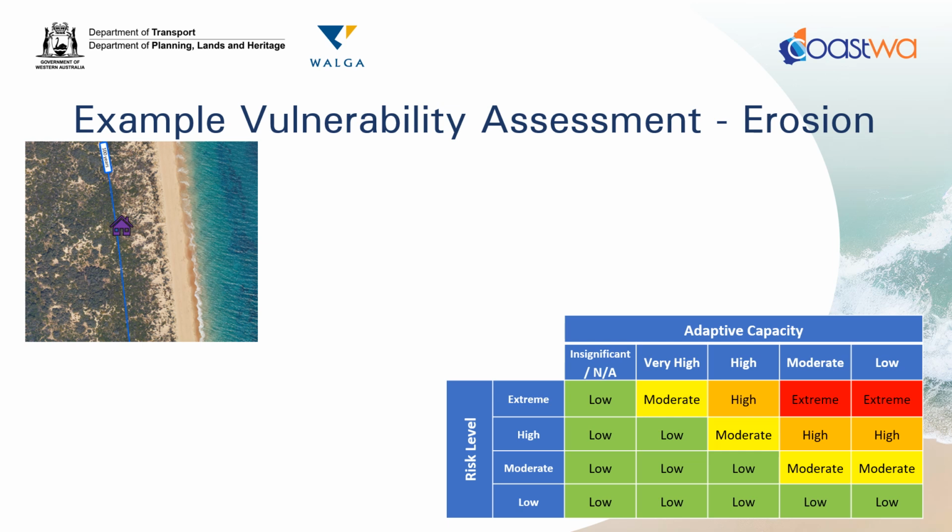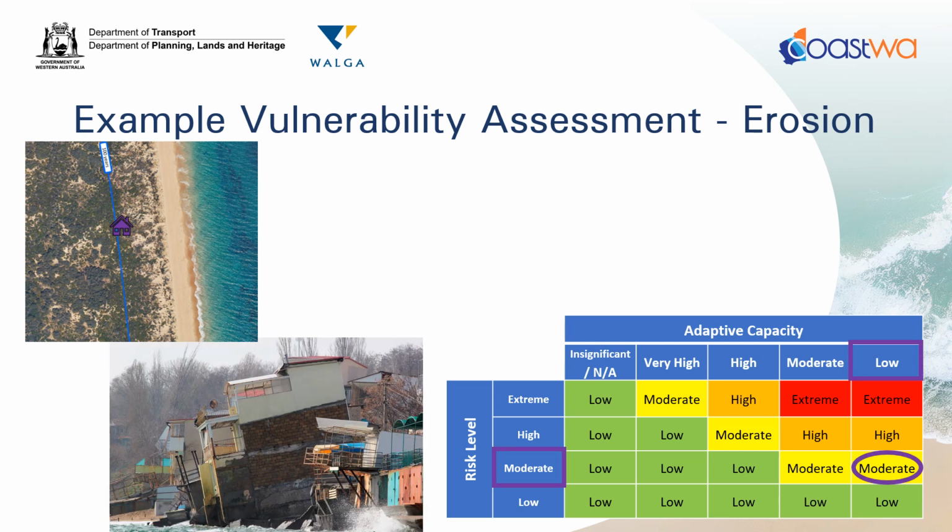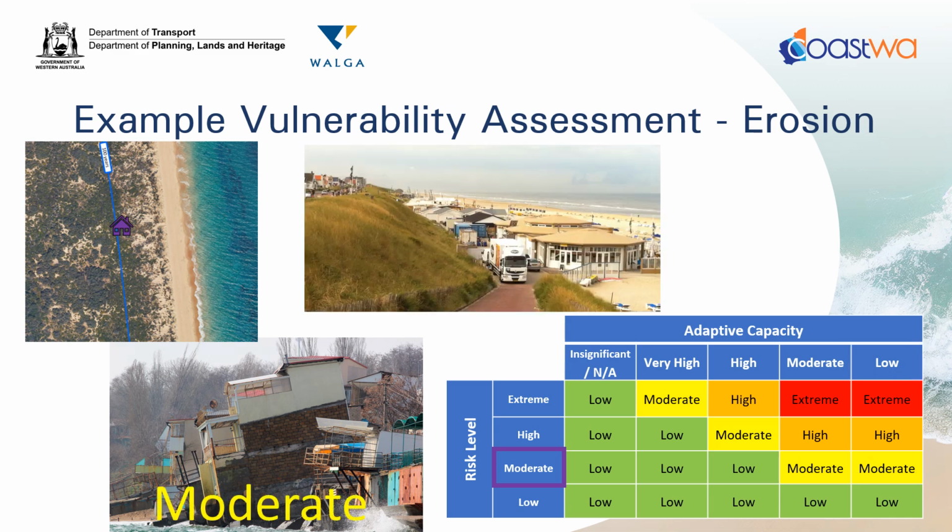From our erosion assessment and our house on the beach, we had, under the normal case, a moderate level of risk and a low adaptive capacity, which gave us a moderate level of vulnerability. If we look at the second scenario, where we had these transportable buildings on the beach, we now have a very high level of adaptive capacity, which gives us a low vulnerability level.